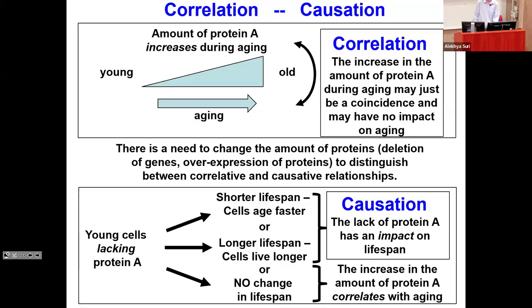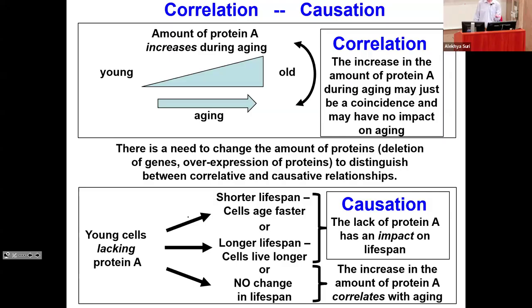We want to have a distinction between correlation and causative meanings of results. As an example, I bring here from aging studies a protein that is increasing during age.